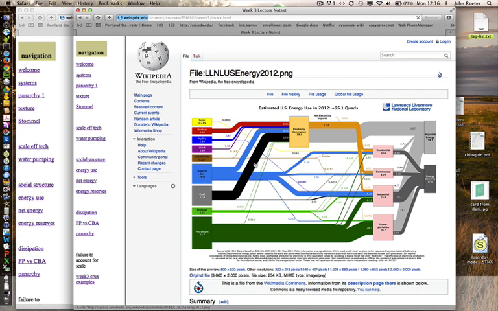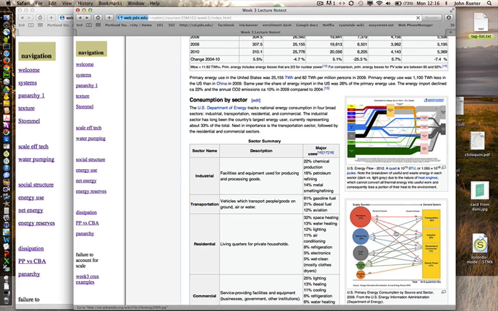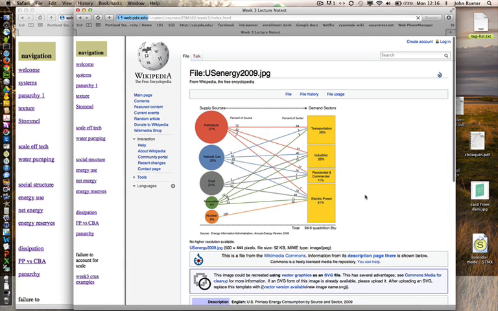Okay, now let's look at another diagram that's similar to this, but a little bit more direct and easy to understand in terms of here's the supply and here's where it goes. So the supply, petroleum being oil, being distributed between all of these sectors. And again, 72% of the petroleum goes to the transportation sector. So the transportation sector is the second largest, but it really takes a lot of petroleum.